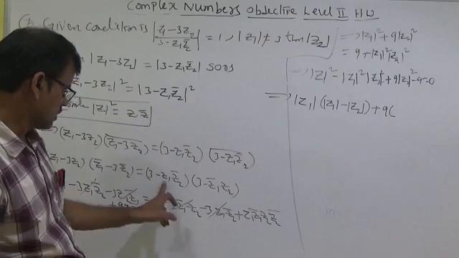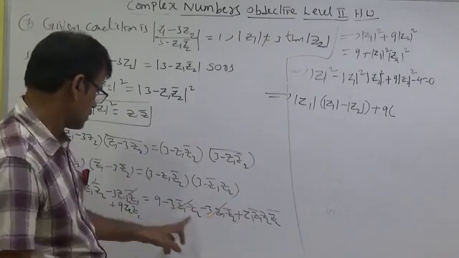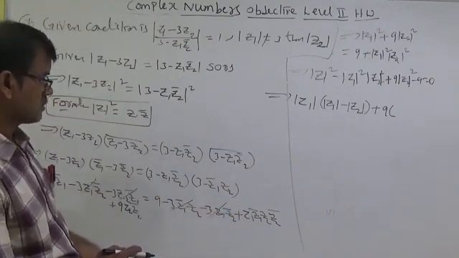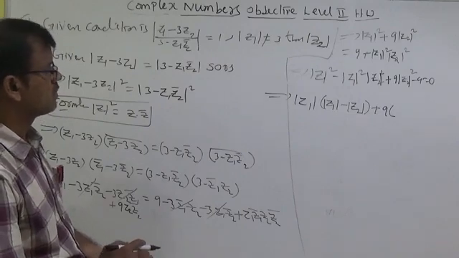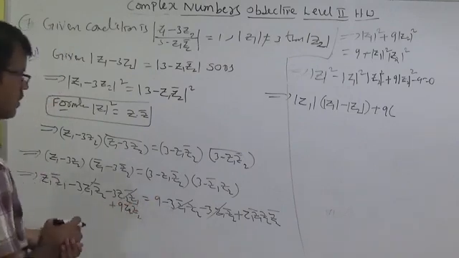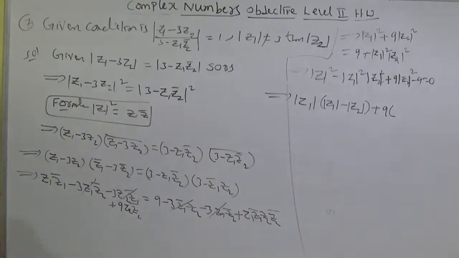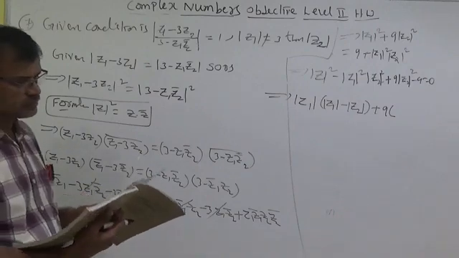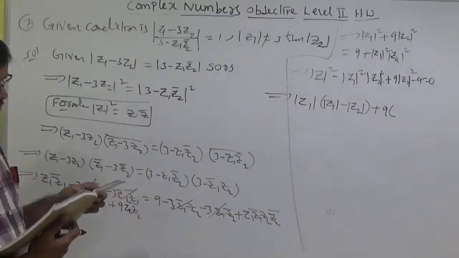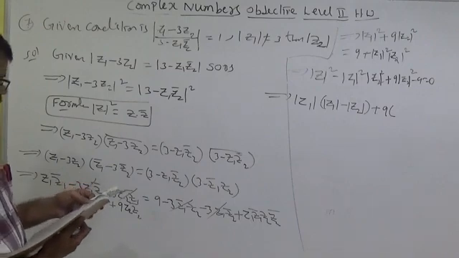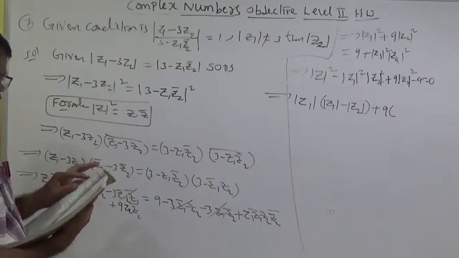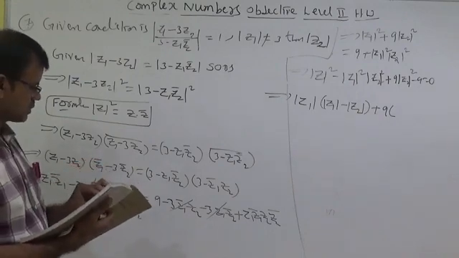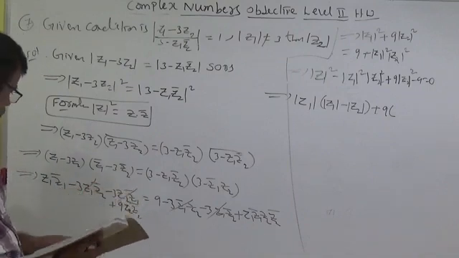Three minus Z1 Z2 bar into 3 minus Z1 bar Z2, simply you left there. Z1 minus 3Z2 into Z1 bar minus 3Z2 bar is equal to 3 minus Z1 Z2 bar into 3 minus Z1 bar Z2, exactly.